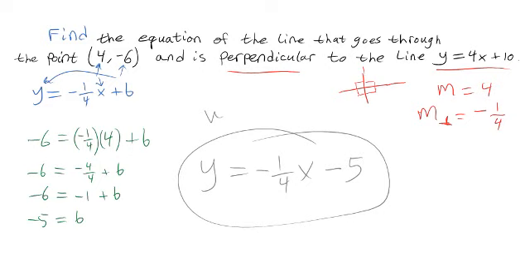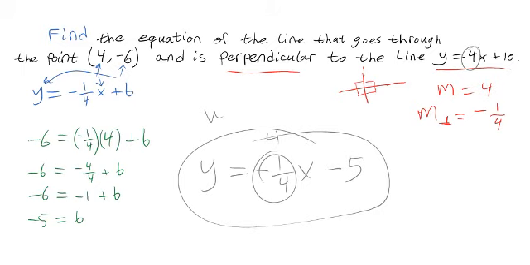And that's it. Now, if we wanted the equation that was parallel, we would probably have a new y-intercept. Yes, we most definitely would. This slope would be 4 if we wanted it parallel, because it matches the original slope. But you would solve it the exact same way.